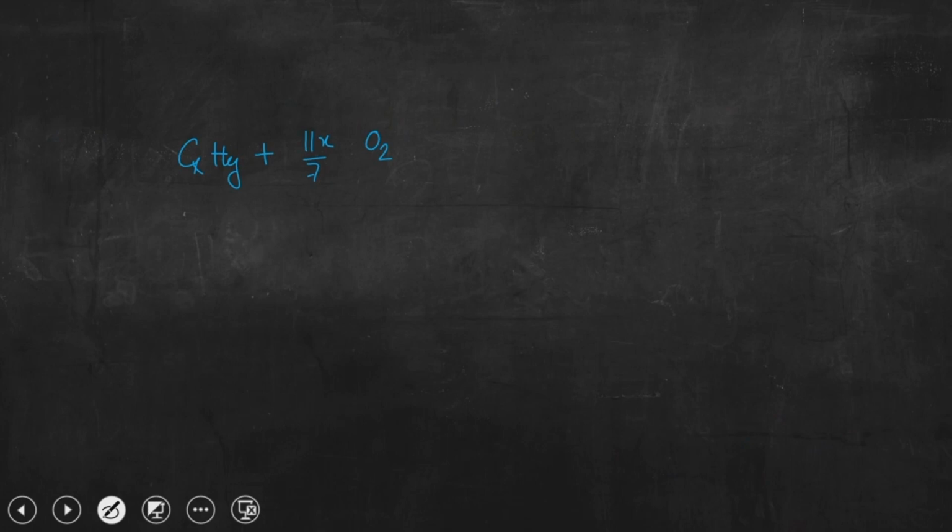So, that is x plus 4x by 7, and that is equal to x CO2 plus y upon 2 H2O plus definitely some amount of heat that we are going to get.